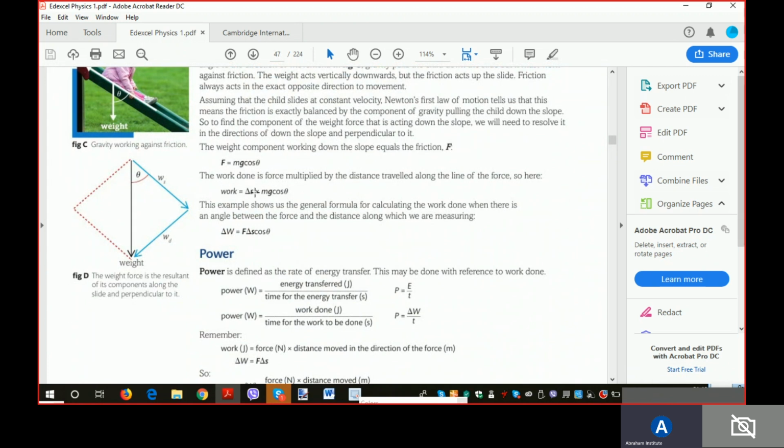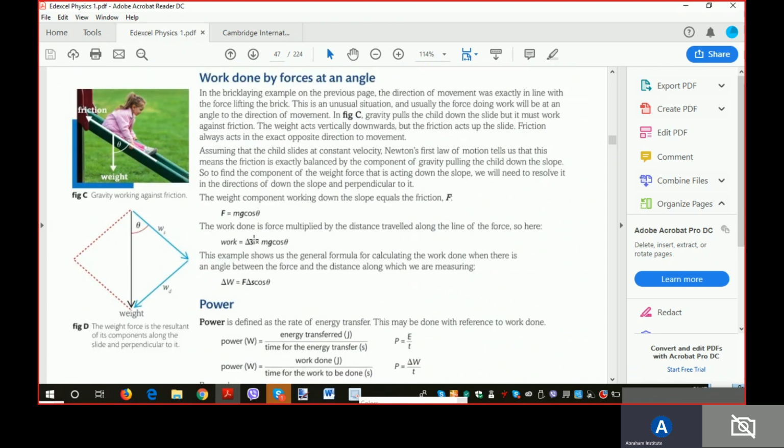So you can see here F is equal to mg cosine theta. Work done is the force into the distance moved in the direction of the force. So we have here the force as mg cosine theta.